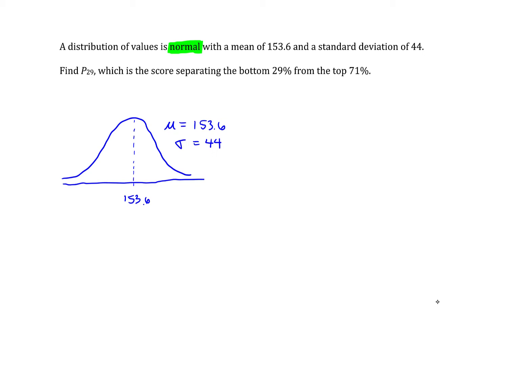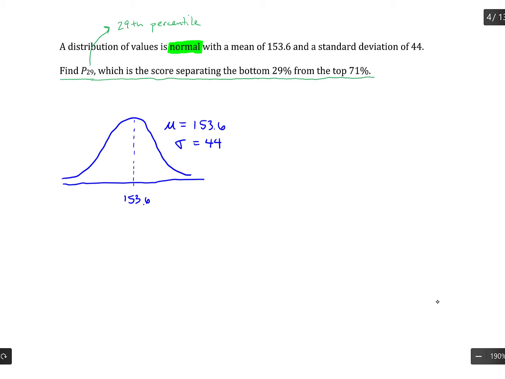Now, the question is asking here to find p sub 29, and that's just another way of saying the 29th percentile. All right. And the 29th percentile, this next part just goes on to explain what that means. It's the score separating the bottom 29% of the data from the top 71%.